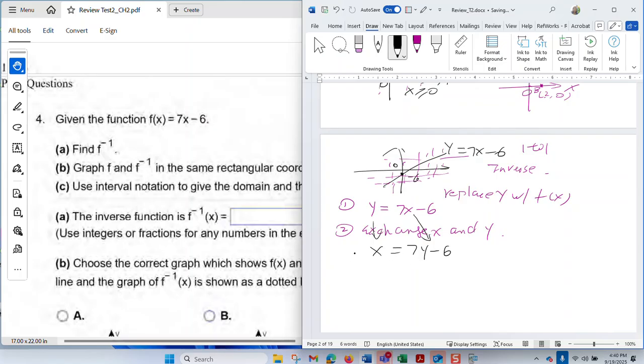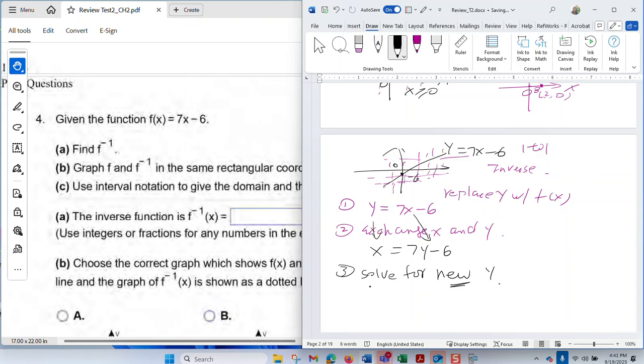That is considered the inverse, and then we're going to solve for this new y. I usually call it a new y because this y is different from the previous one.